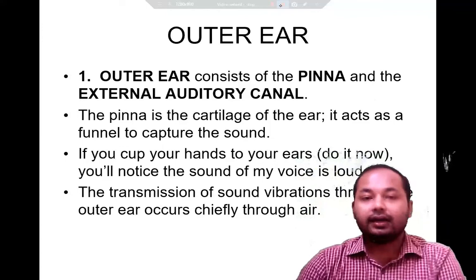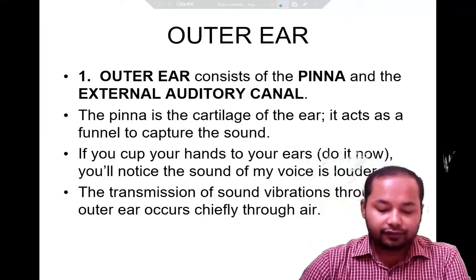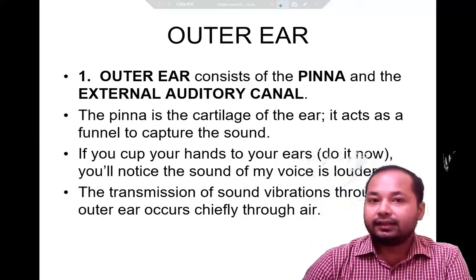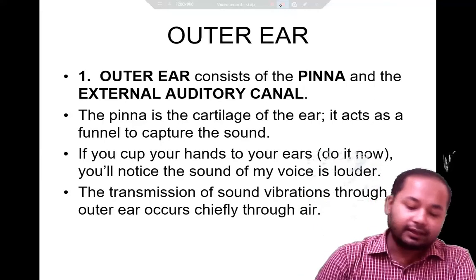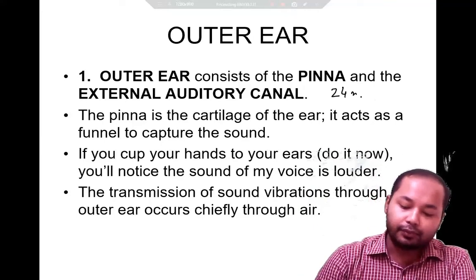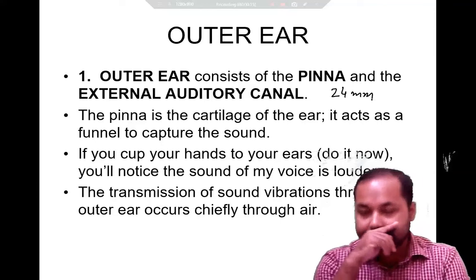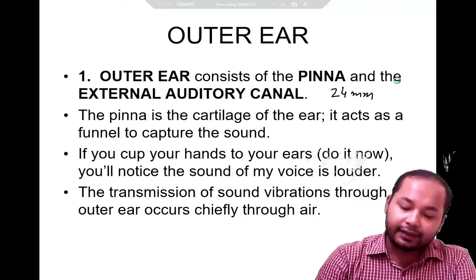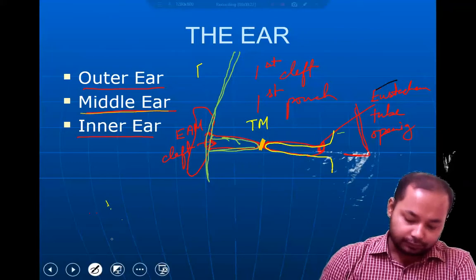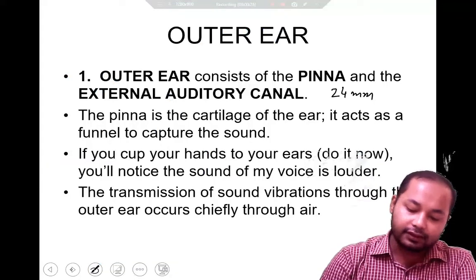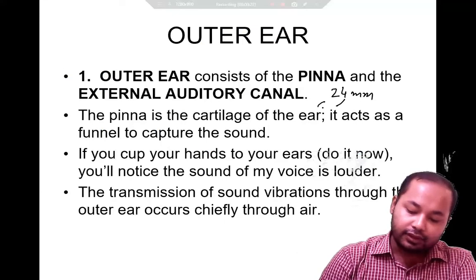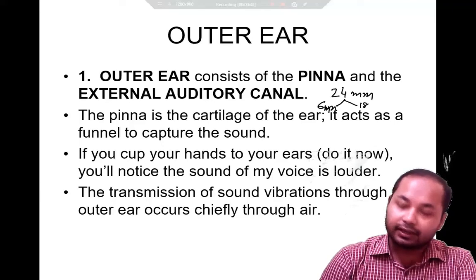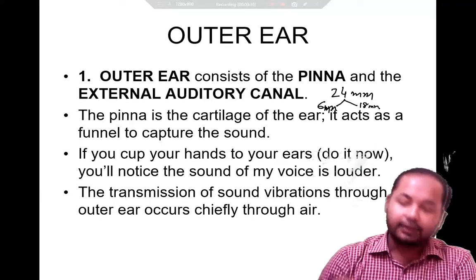So in the external ear, what you have to see is that the total length of the external auditory canal is 24 mm, that is 2.4 centimeters, and it has been divided into 6 mm which is cartilaginous, and 18 mm which is bony.